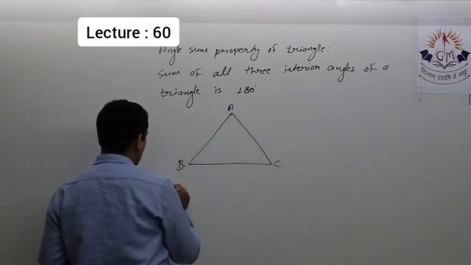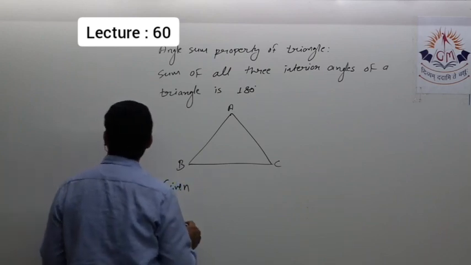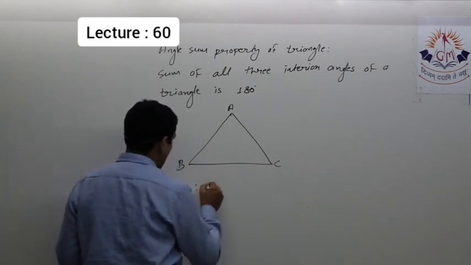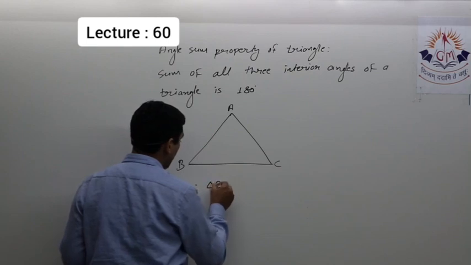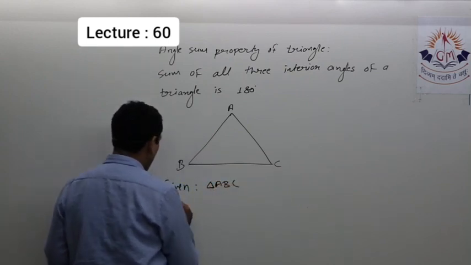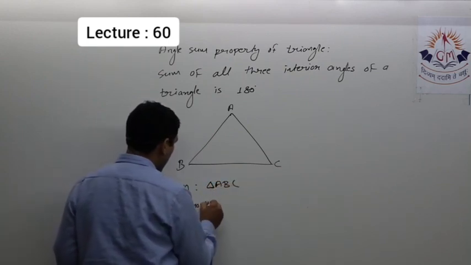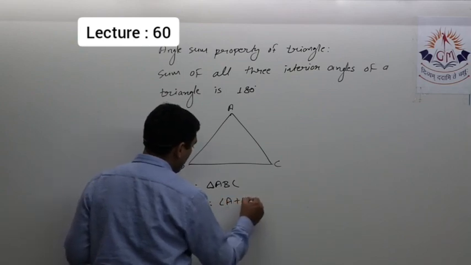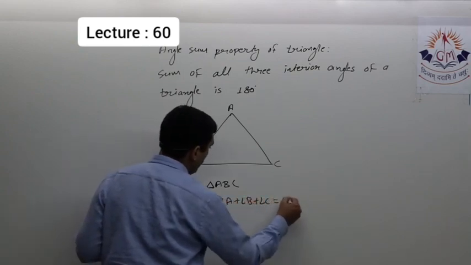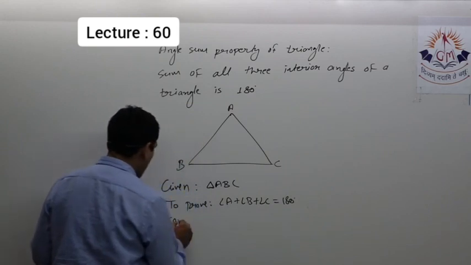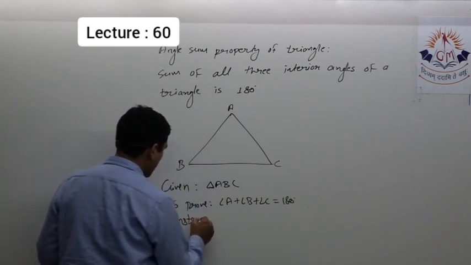We are given this triangle ABC. To prove: angle A plus angle B plus angle C is equal to 180 degree. A small construction is required over here.